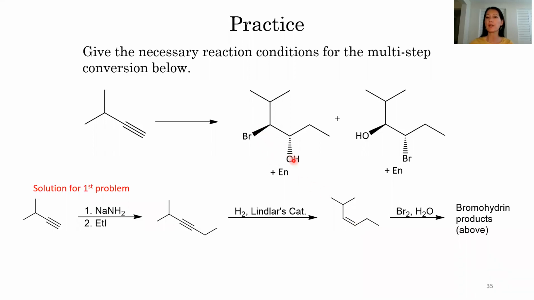Bromine here, water here, or OH here, and bromine here and OH on this side. The other thing that you notice is that they're enantiomers. The reason is that these are both stereocenters because each of these carbons has 4 different groups. So there's no preference in adding from a top face or a bottom face. So in that case, you get both enantiomers.